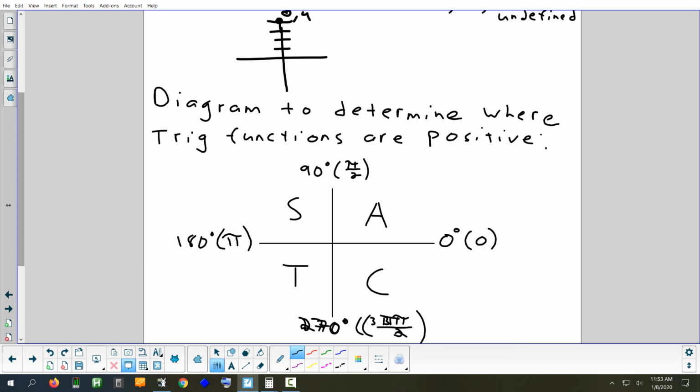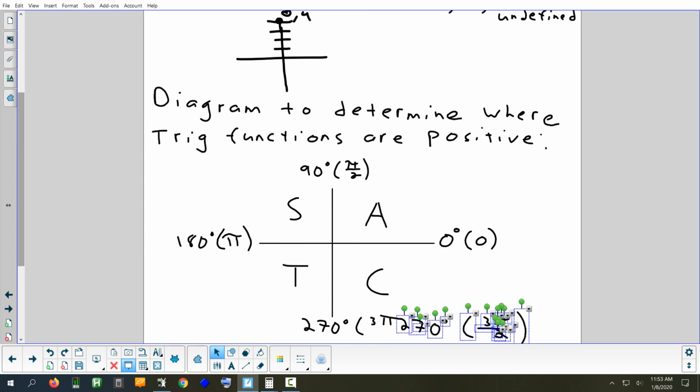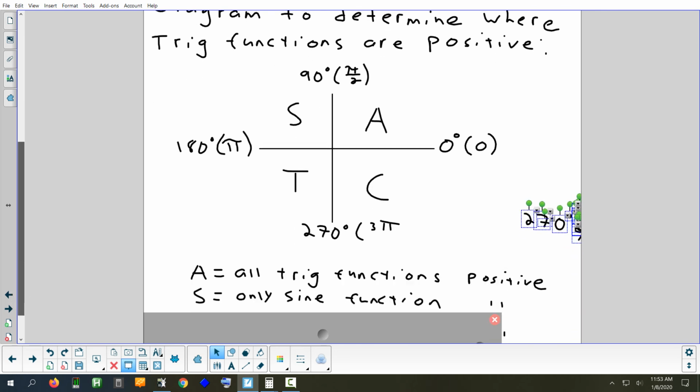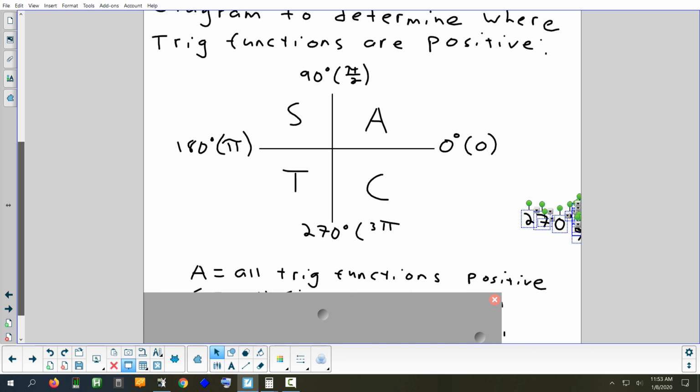So in quadrant 1, all the trig functions are positive. That's what the A stands for. That means if you give me an angle between 0 and 90, that's in quadrant 1. If I take the sine of it, it'll come out positive. If I take the cosine of it, it'll come out positive. If I take the tangent of it, it will come out positive.